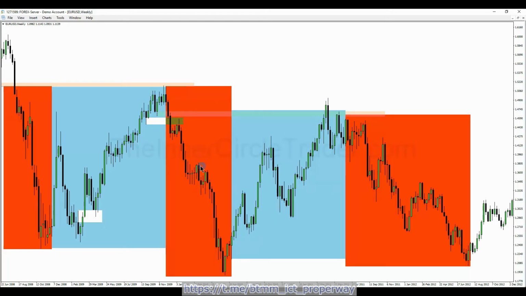All this area in here, okay, we have an up candle, down move, retracement back up into what? What is this? Bearish order block. So with this bearish order block, okay, bearish order block right in here, trades up into it and immediately sells off again.